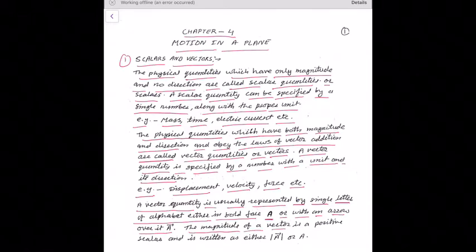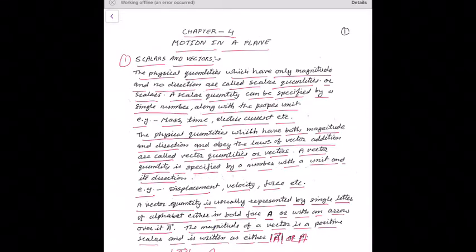The magnitude of a vector is a positive scalar and is written as either mod of vector A or A, that is, modulus of vector A is equal to a scalar.